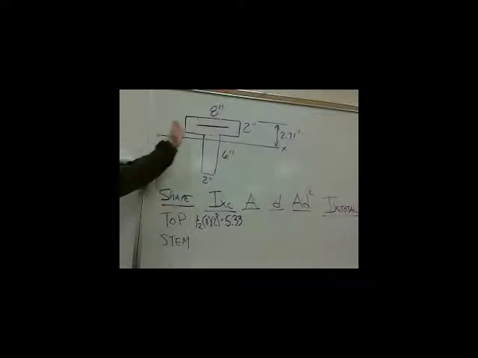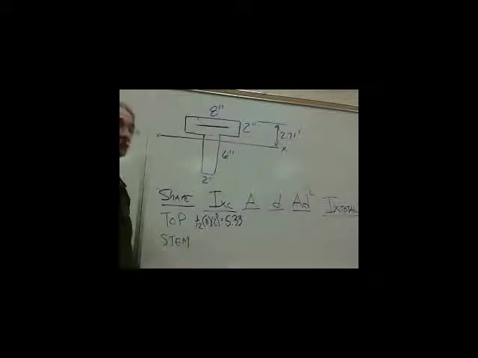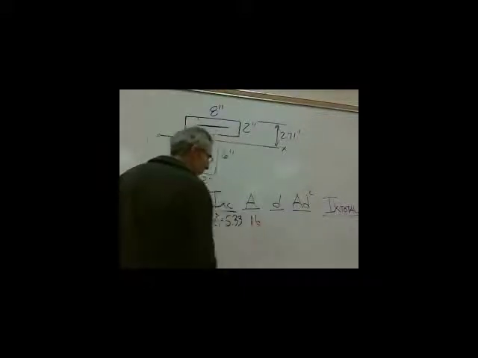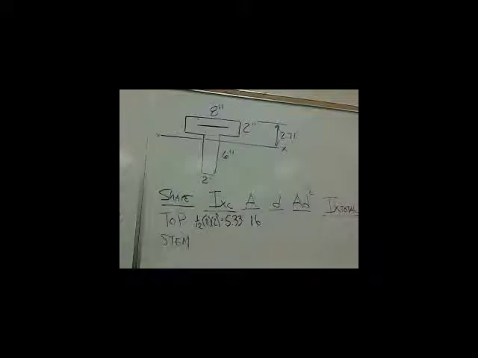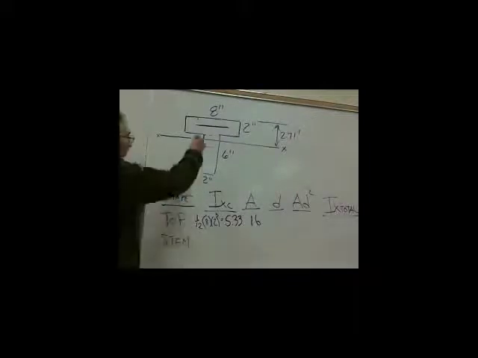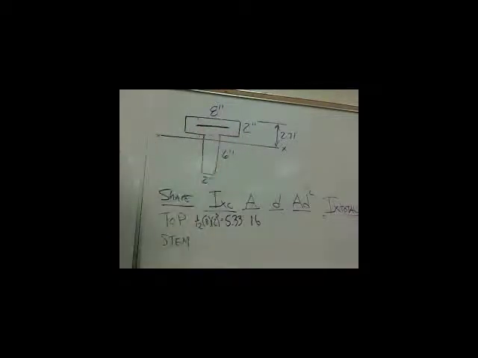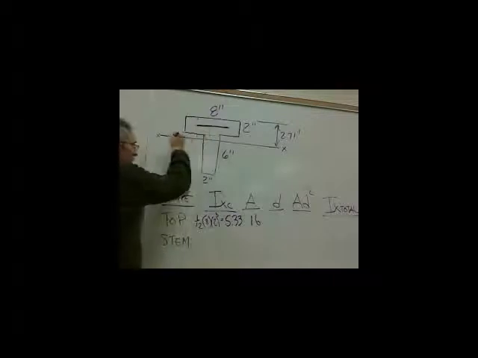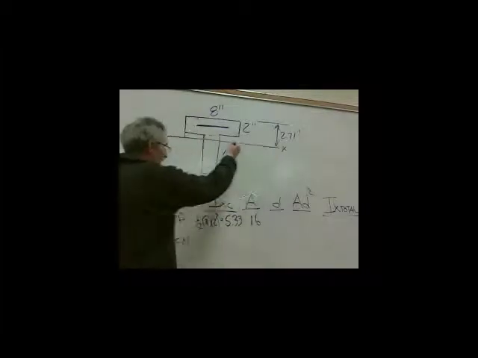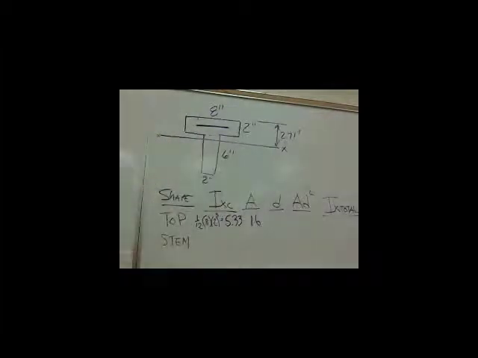My area of the top rectangle is 8 by 2, that's 16. Units would be square inches. Okay? So I've calculated my moment of inertia for this axis as 5.33, but I don't want it about that axis. I want it about this new axis.